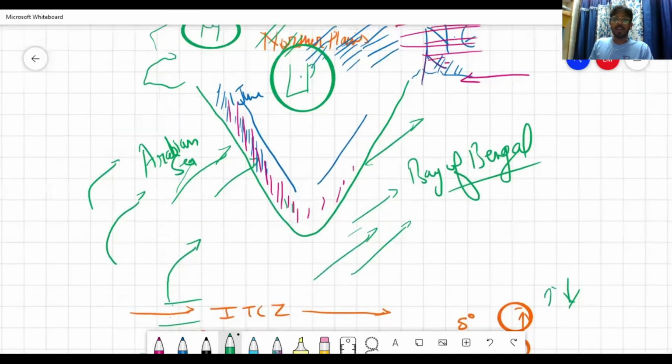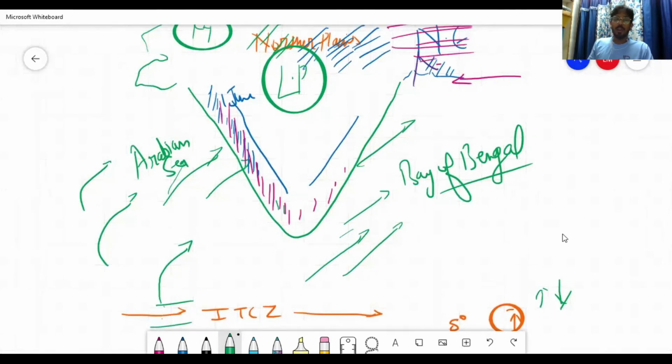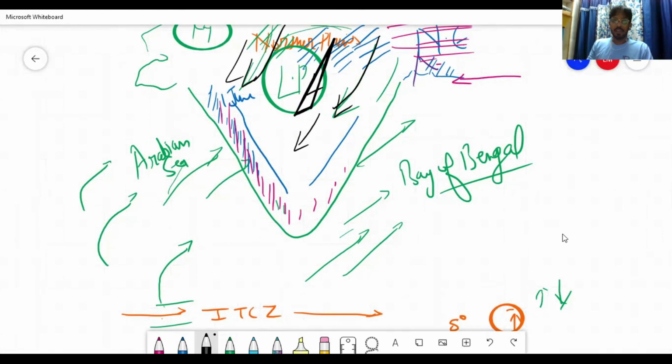And when they fall on Madagascar, there will be a low pressure there, and over here there will be high pressure. On the northern plains it will be high pressure, and the winds will go back in this direction. When it is going in this direction, there will be a little bit of rainfall over here. This is what going back of the monsoon is.